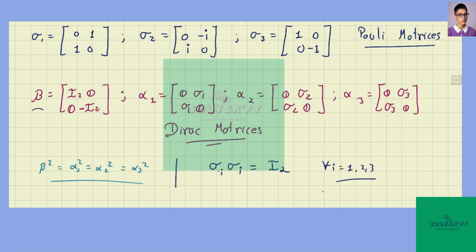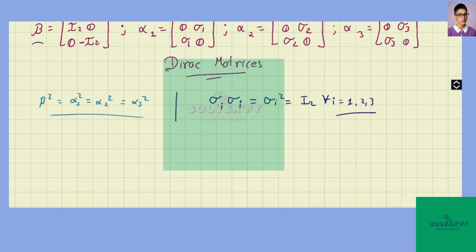That means that if we multiply a Pauli matrix by itself, we obtain the identity matrix. This can also be written as sigma i squared equals the identity matrix 2 by 2.